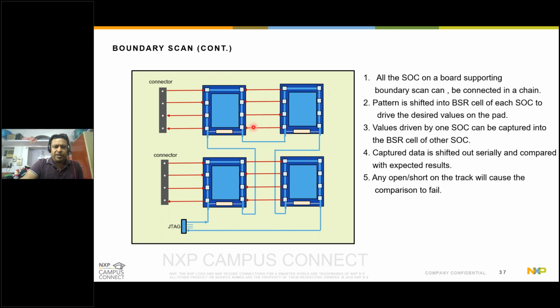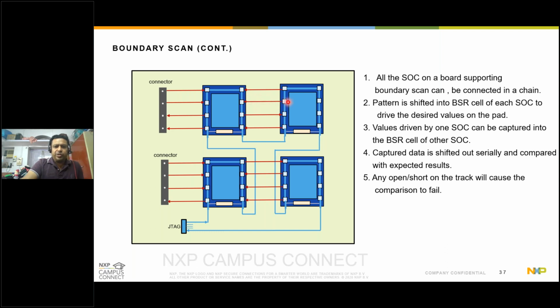and you can start driving all the outputs. Based on the pattern that I have fed in, I will drive all the outputs of my SOCs to the desired value that I want. Now let's say there is a defect in this path. There is an open in this path. This track is not properly laid and there is an open.